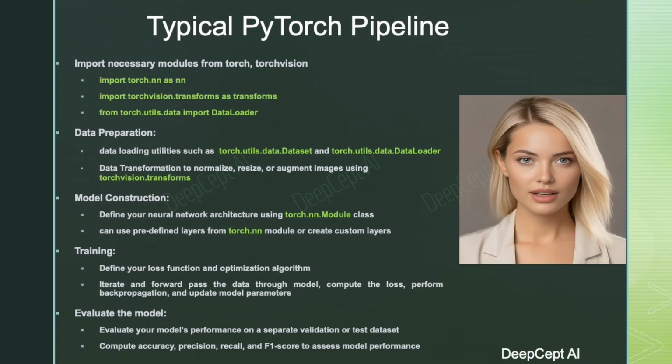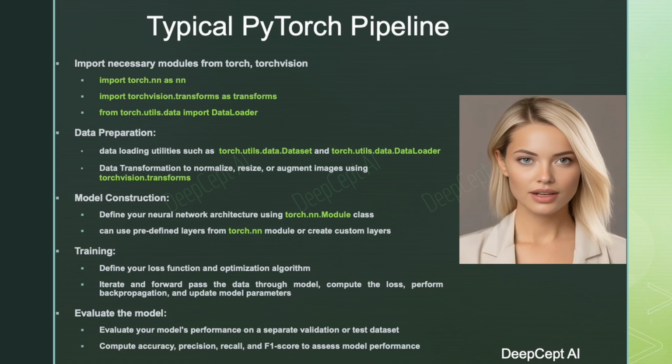The PyTorch pipeline for creating a model encompasses several essential steps, each crucial for the successful development and deployment of deep learning models. Firstly, data preparation involves loading and transforming datasets using PyTorch's data loading utilities and transformations. For instance, loading an image dataset like CIFAR10 and applying transformations for normalization and augmentation.